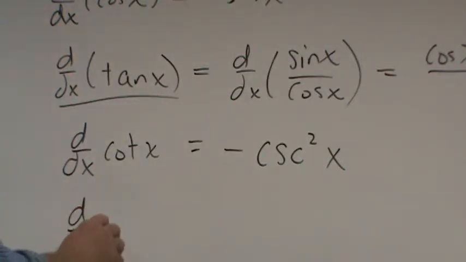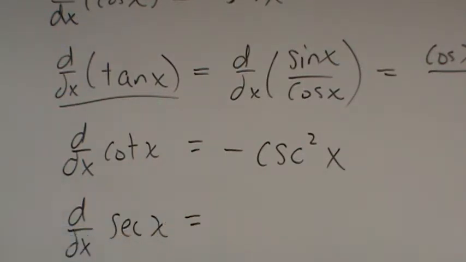Similarly, the derivative with respect to x of the secant of x. You know, secant of x is 1 over cosine. Could I apply quotient rule to getting the derivative of 1 over the cosine? You could, but you don't want to. Well, you're right, I could, if I wanted to spend the time showing you what it ends up being, but I'm not going to go to the trouble.